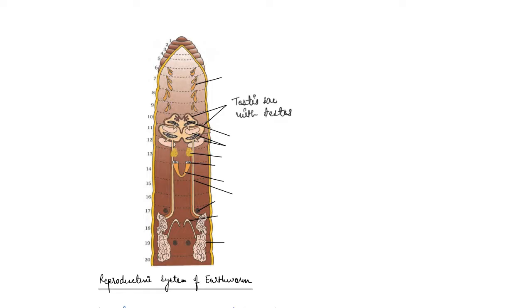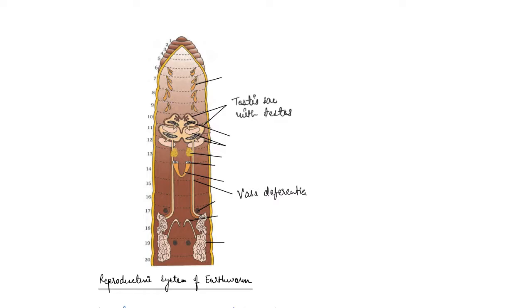Now, apart from that, they have the vasa deferentia, which run up to the 18th segment. So this tube that you see is the vasa deferentia that runs up to the 18th segment, and then they join the prostatic duct.